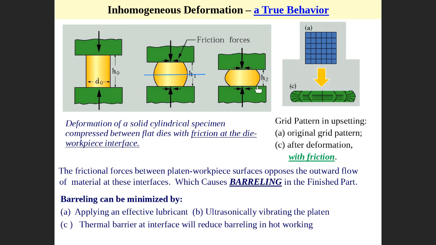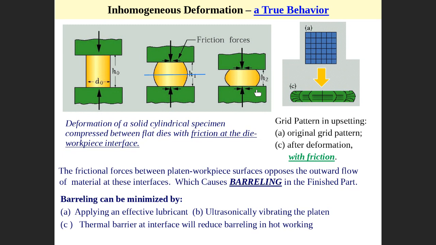How to reduce? By using lubrication in cold working. Put oil in cold working to reduce the friction, or use a thermal barrier, or use powder in hot working. In cold working we use oil, but in hot working oil probably does not function well. Then we use solid powder as a lubricant, or use ultrasonic to vibrate the blade to reduce the friction.